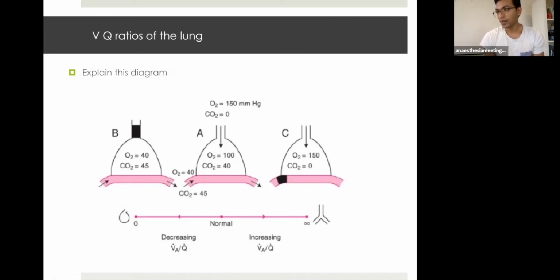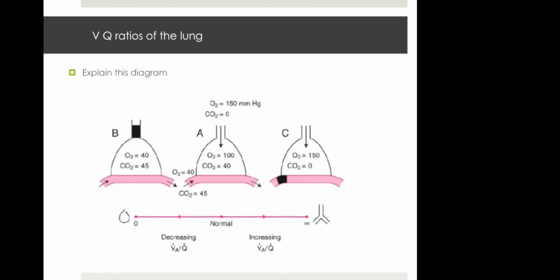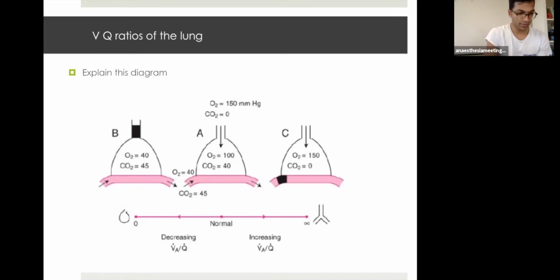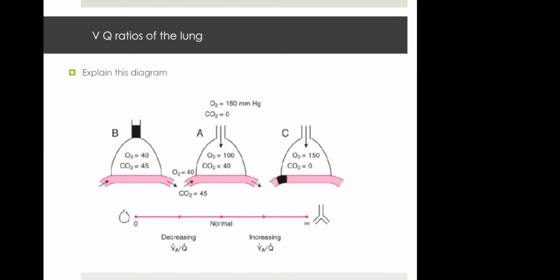That's right. Give me some examples, Dominique, of dead space and shunt. So examples of shunt first. Shunt, okay. So examples of shunt would be West Zone 4, decreased ventilation in those zones due to the presence of gravity, or atelectasis, where there's no ventilation, but there may still be perfusion.